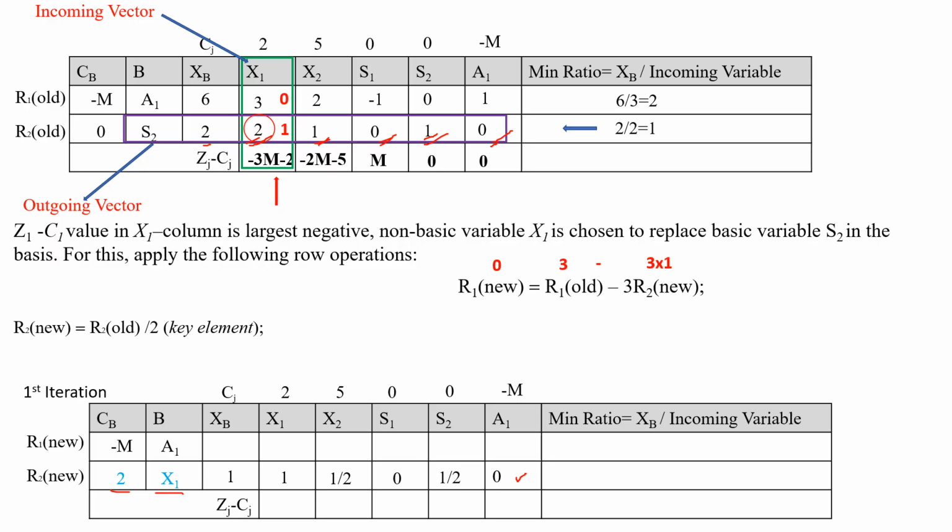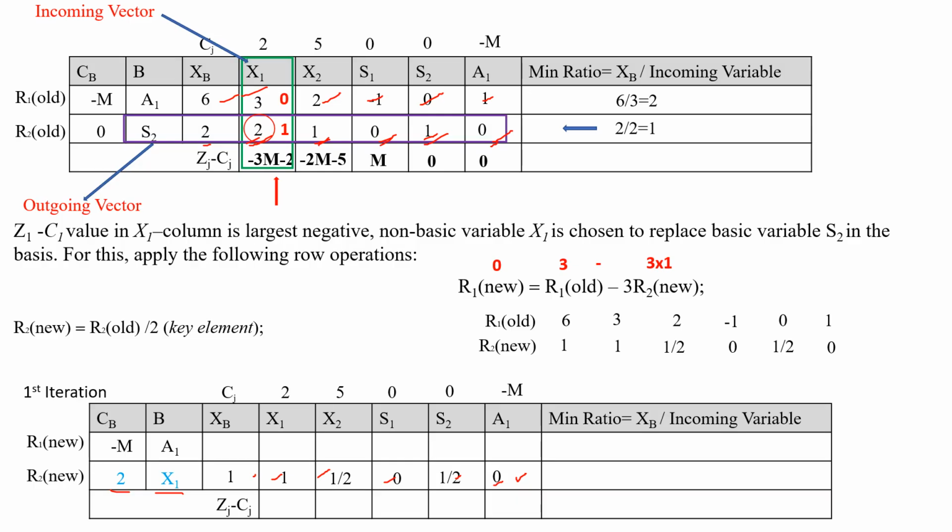Next row operation is R1 new equals R1 old minus 3 R2 new. So here R1 old elements are 6, 3, 2, minus 1, 0 and 1, and R2 new elements are 1, 1, 1 by 2, 0, 1 by 2, 0.